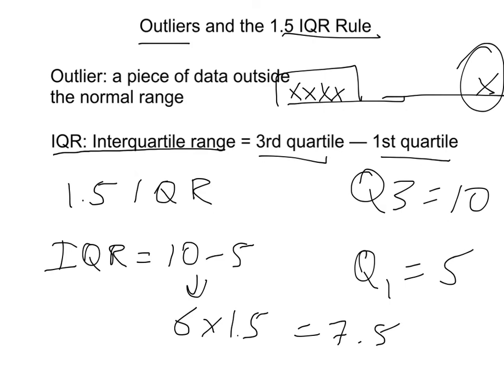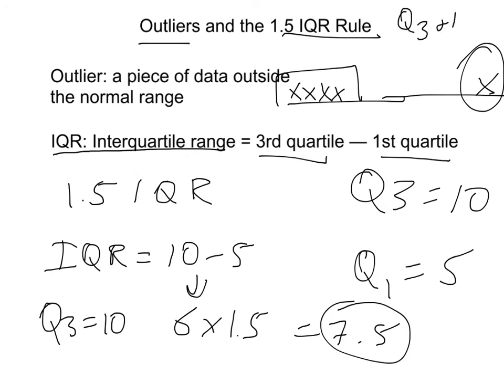And so how do you use the rule to see if something is an outlier? You're going to look at your Q3, and our Q3 equals 10. If we take our 7.5, and if a number is above 7.5 plus 10, if it's above 17.5, then it's considered an outlier. So when you use the rule, you're going to add your 1.5 IQR to the Q3.